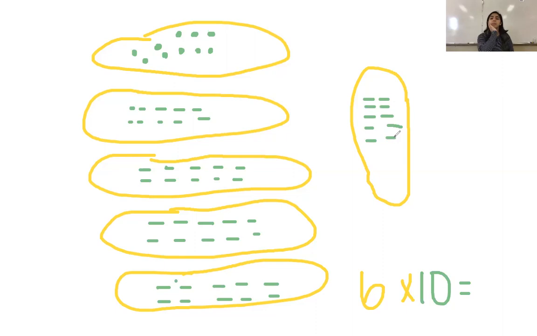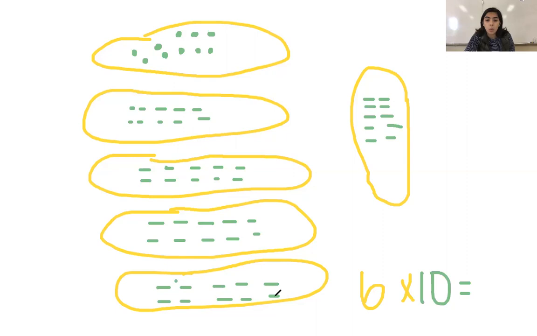Okay, boys and girls. So what they're telling us here is that there's 6 groups and then there's 10 things inside each group. I want to know how many of these things are there all together. There's a lot of ways that you can do it. You can sit there and count every single one of those things.